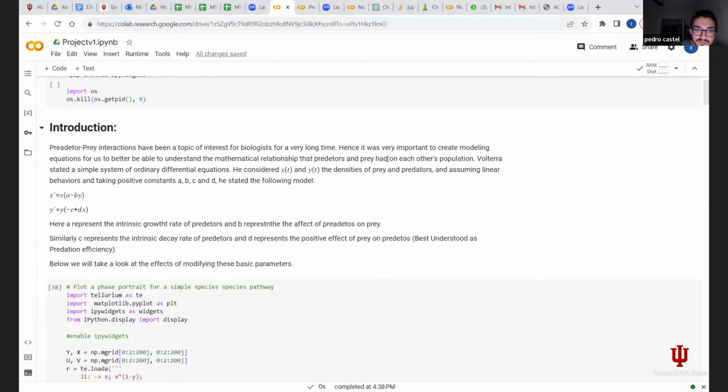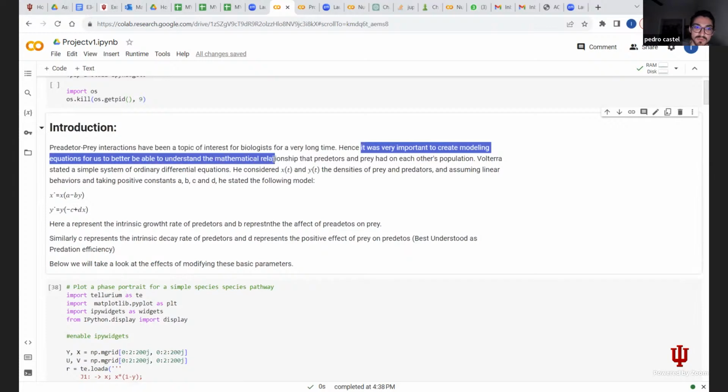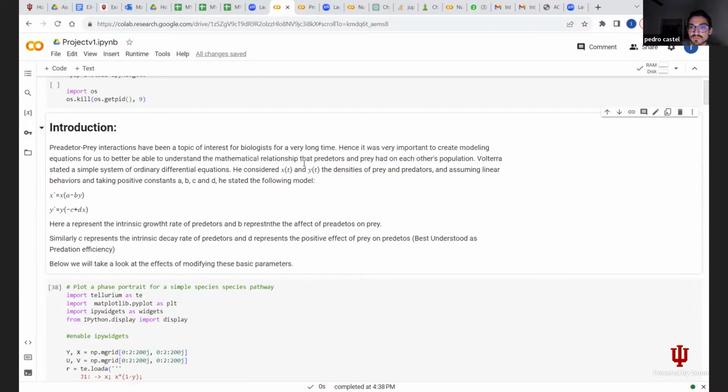So the mathematical relationship between predators and prey, this is your model. The way you phrased it, it seems like we are building a model to understand the model. Yeah, I see what you're saying.